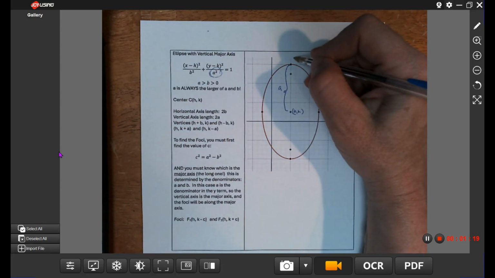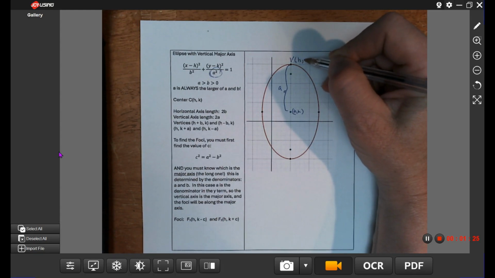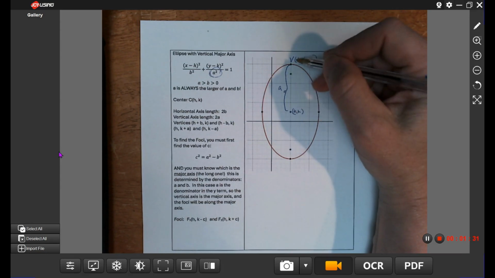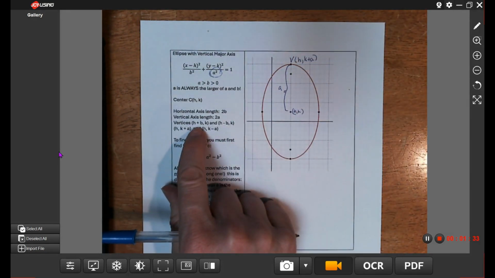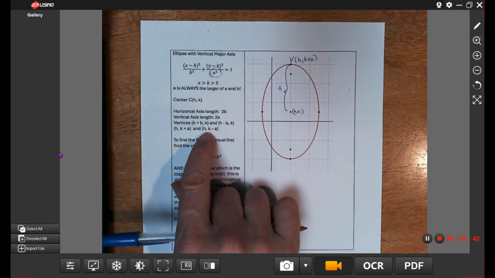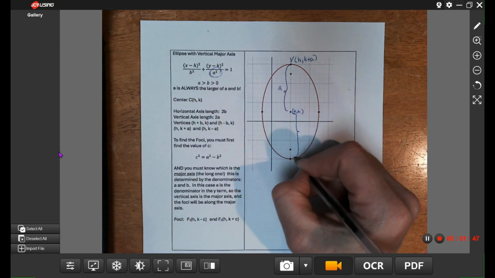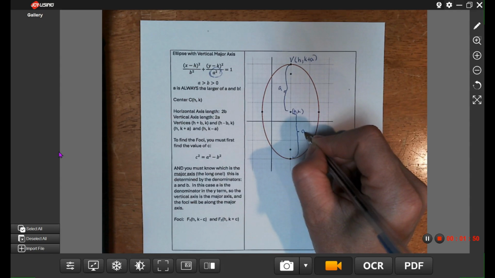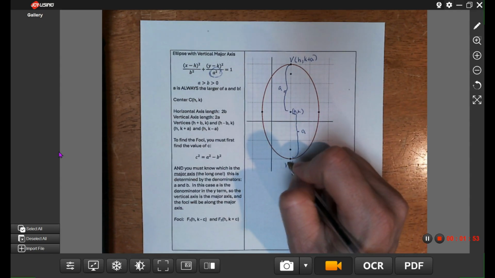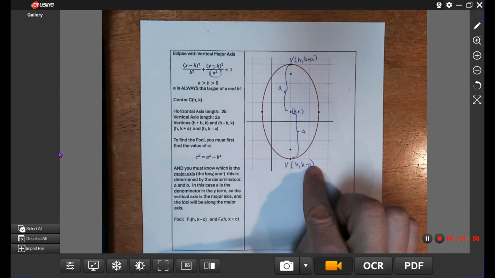This vertex has coordinates: the x-coordinate stays the same, and the y-coordinate changes, so we take k and add a to get the upper vertex. Then the one below it: the distance between the center and this vertex is also a, the longer distance. So that vertex has h staying the same, and k moved down a distance of a.